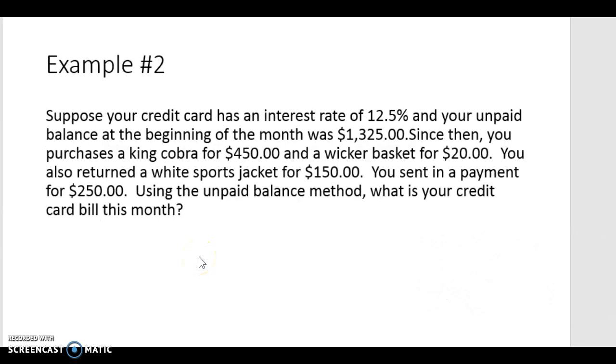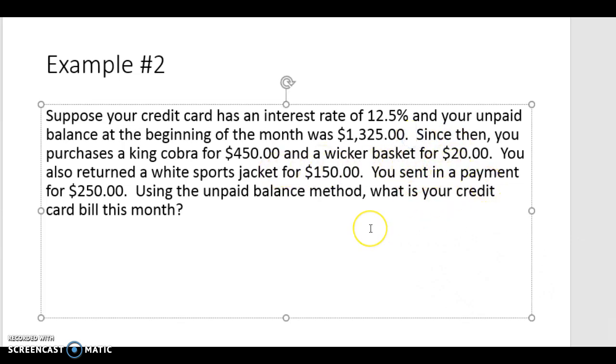Suppose your credit card has an interest rate of 12.5%, and your unpaid balance at the beginning of the month was $1,325. Since then, you purchase a King Cobra for $450, and of course you need a wicker basket to go with that King Cobra, and that's another $20.